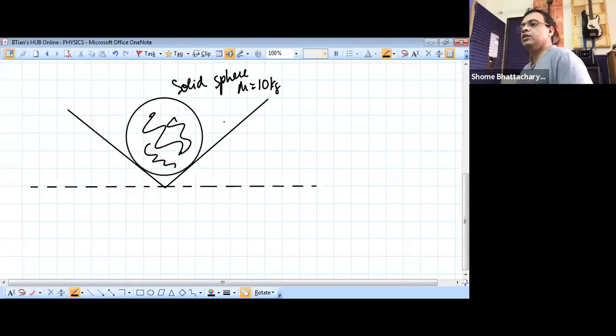Okay. And this is a combination of two inclined planes. So both of these are smooth inclined planes, but they are at different angles. We'll just discuss about that.